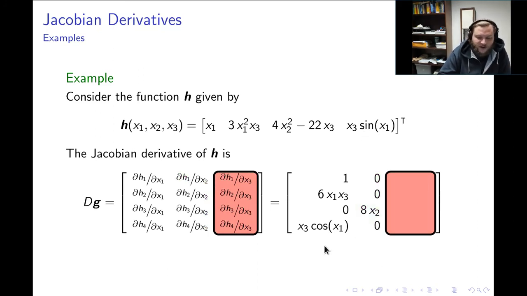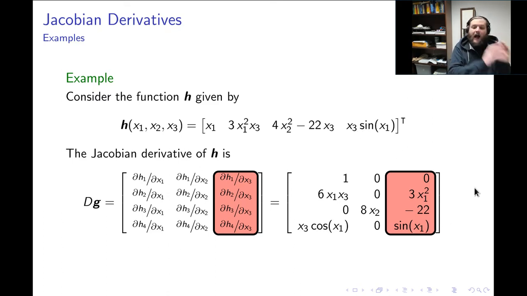For my third column, I'm now taking partial derivatives of all of the coordinates with respect to the third input variable. So in my first position, I should have a 0. In the second position, since this is just an x3, I get 3x1 squared. In the third position, in the third row, I should end up with negative 22. And then in the last position in the fourth row, I should end up with sine of x1.